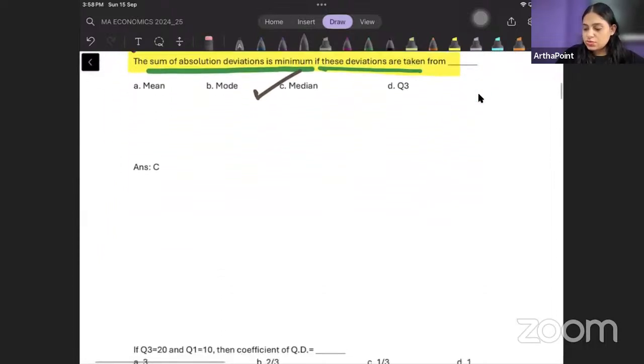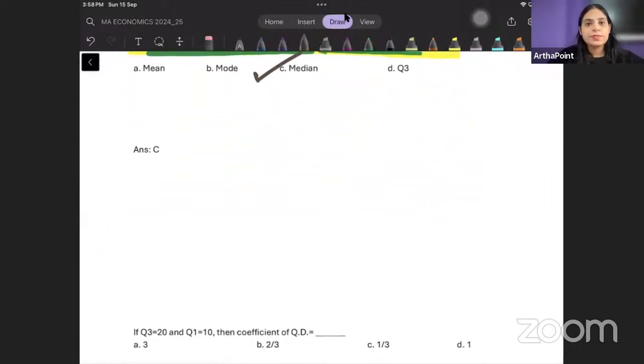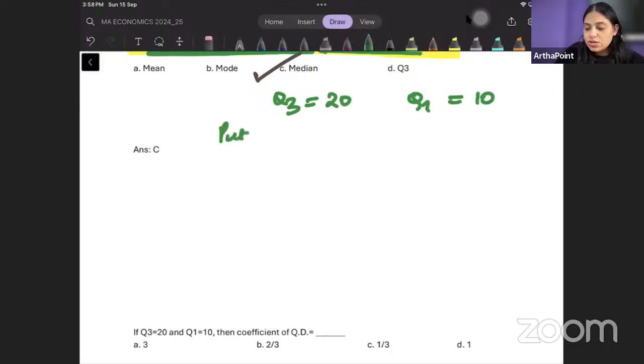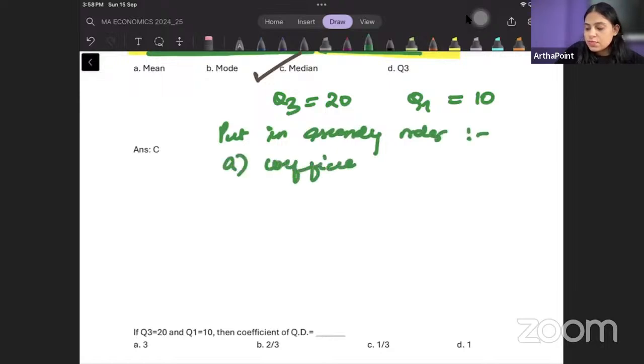Come to the next question. Try to do this one. You should know all these formulas. From this only they will ask you, they will give you something like this. Suppose they tell you that Q3 is equal to 20, Q1 is equal to 10, then arrange in ascending order. And then they will give you coefficient of QD.